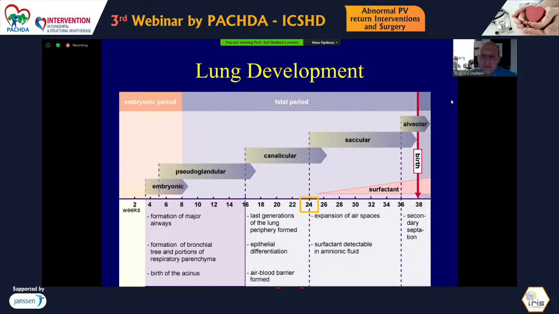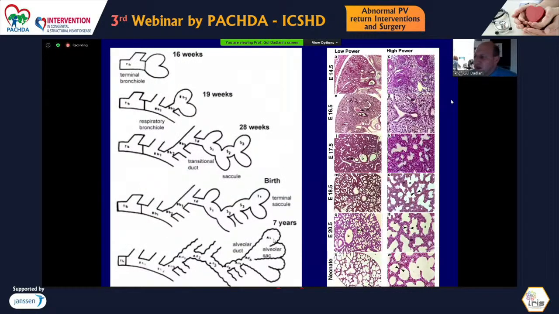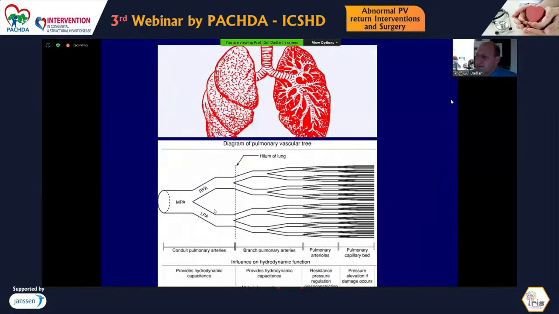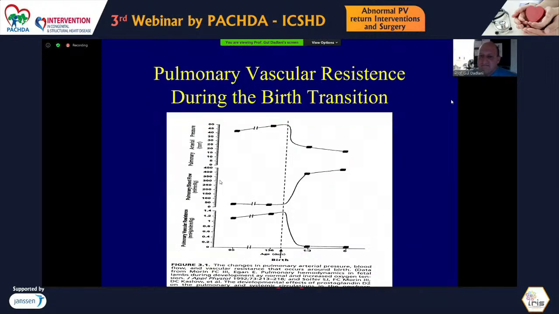And as we look at those levels of development in the lung after age 7, we can break down our lung as we study it from a cath standpoint. As we do our heart catheterizations, we're looking at our main pulmonary artery, our branch pulmonary arteries, and then all the segments within the lung. So whenever you take a child to the cath lab, we want to ensure that we have full assessment of both sides of the heart, of the lung.